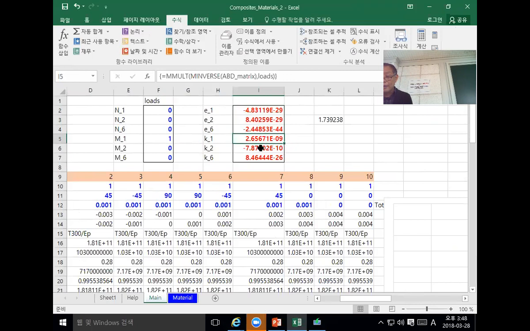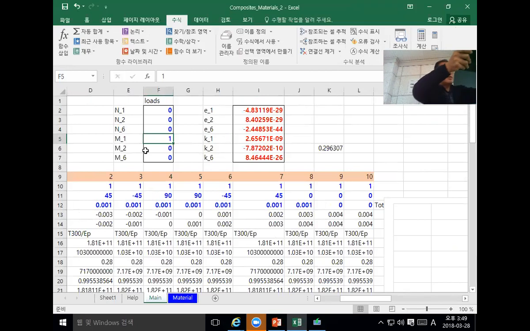And do you see this one, K2 is non-zero? And you can see that if we have a ratio between these two curvatures, we have also a 0.3. What is this curvature, two curvatures, when we apply the bending moment? Okay, this is a laminate.